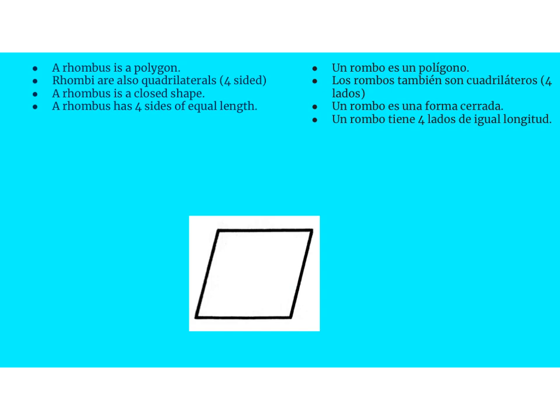Okay, so here we have a rhombus. So a rhombus is a polygon. Again, that means it's going to have many sides. So we're going to count these sides here. I can see I have one side, two sides, three sides, and four sides. Because I have four sides, this particular polygon is also called a quadrilateral.